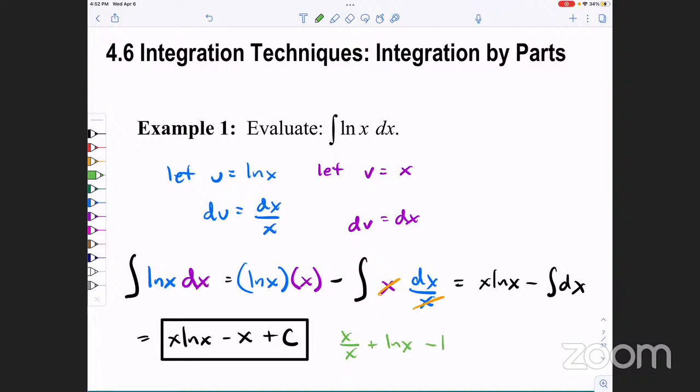So then we can see that this is going to be canceled by this, and we finish with our desired result. All right, so we can be confident in this result. And again, this was just a quick check by taking a derivative. So we got x ln x minus x plus a constant.